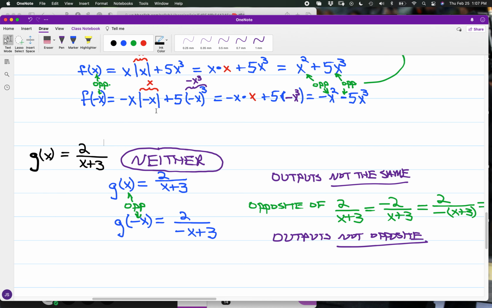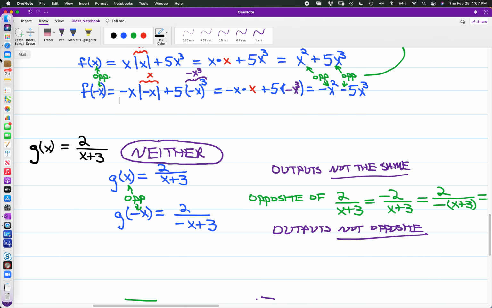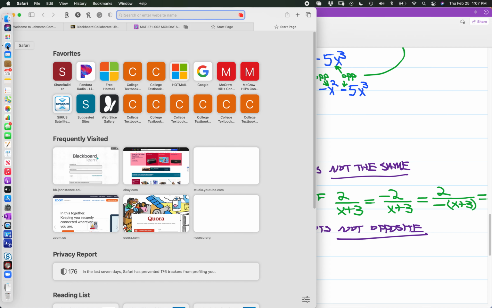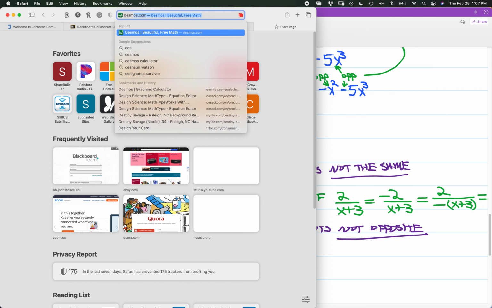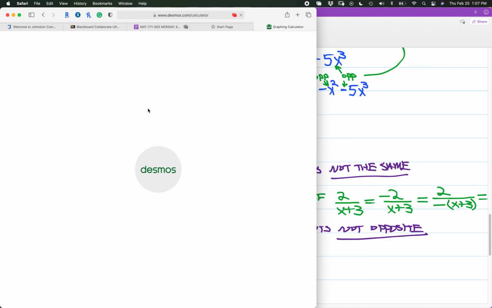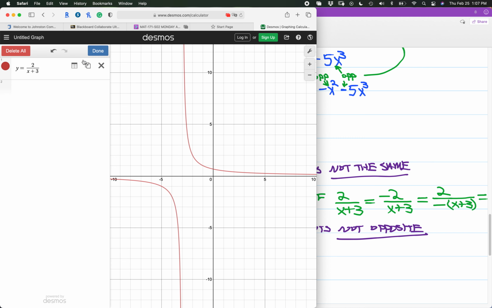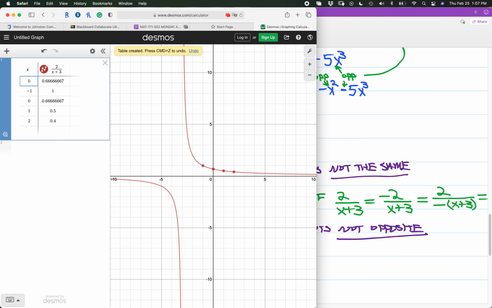And again, just as a bit of a visual reference, if I had an odd function, I would have like negative 1, 1, and 1, negative 1, negative 2, 2, and 2, negative 2.